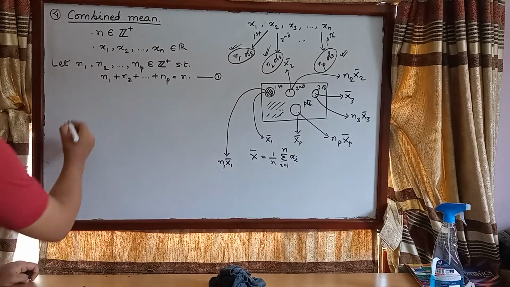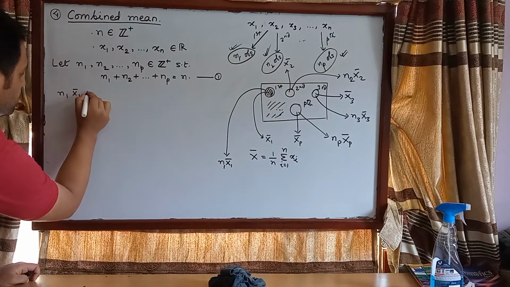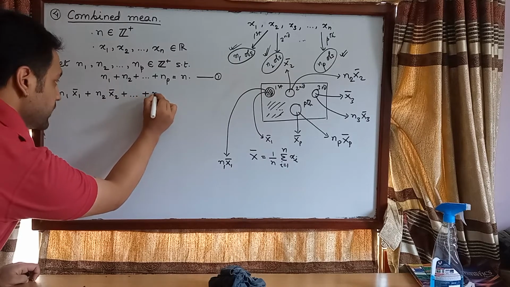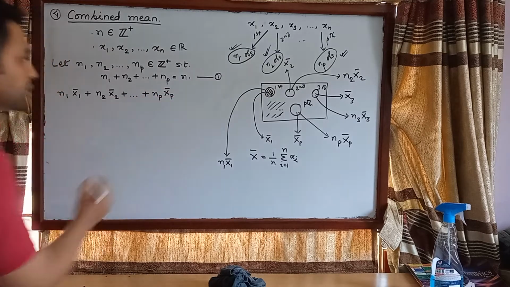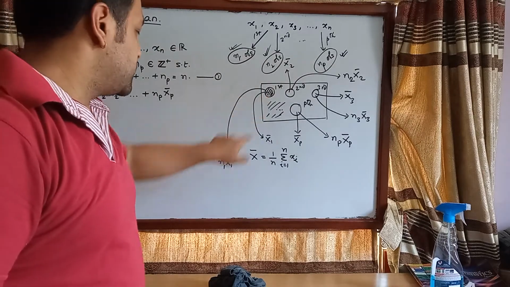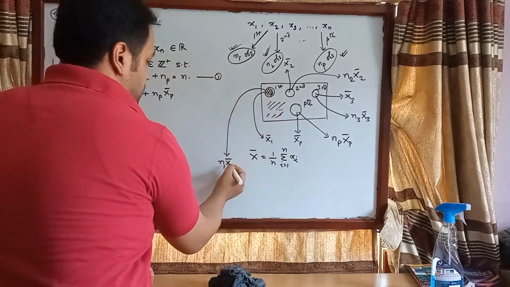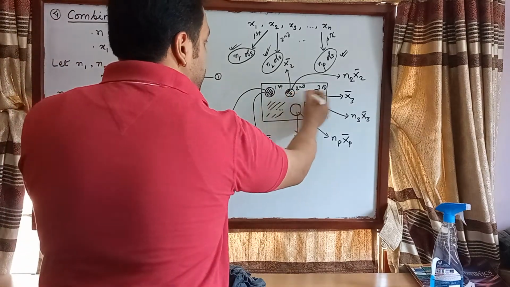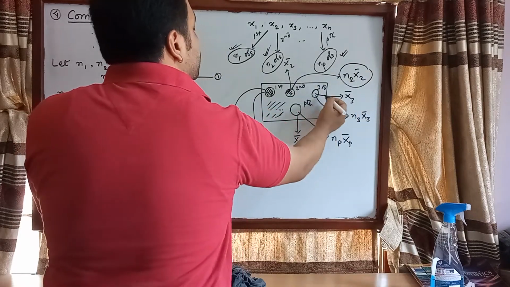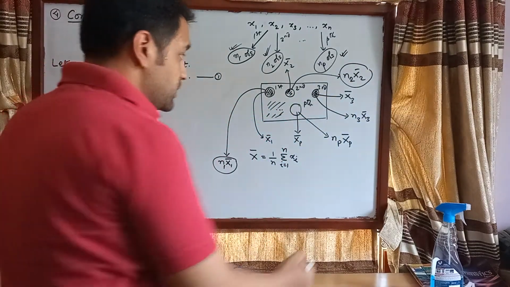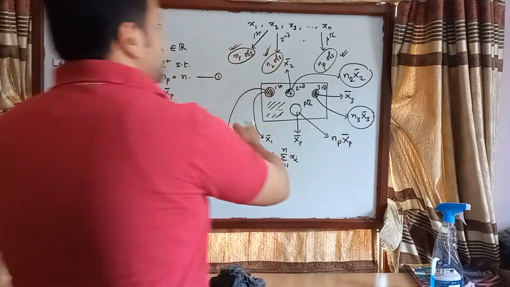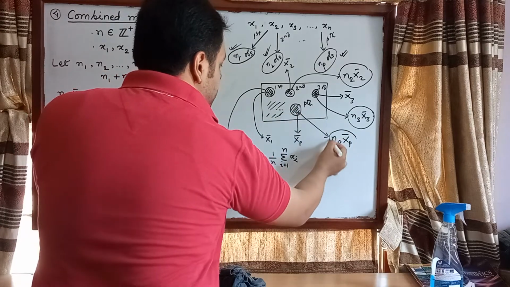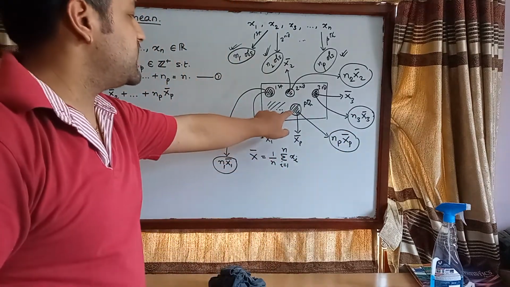Let us see, n1 x1 bar plus n2 x2 bar plus up to np xp bar. We are adding up all the values in this set to get n1 x1 bar, all the values in this set to get n2 x2 bar, all the values in this set to get n3 x3 bar, and proceeding similarly, we get np xp bar as the sum of all the values in the last set.